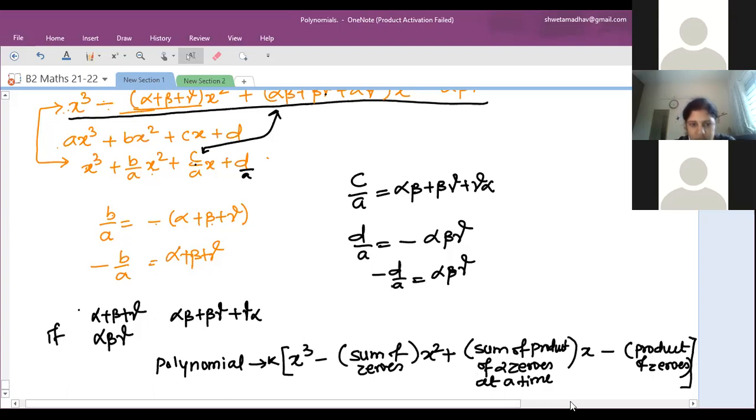Here only substitute the values and write the answer. Okay. Yes, ma'am, done.